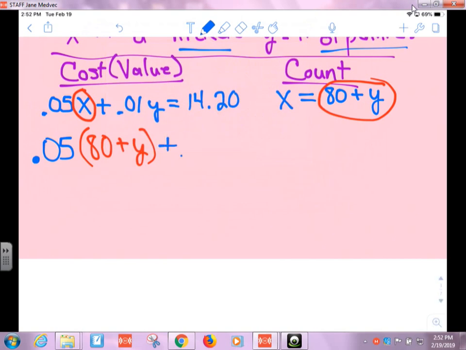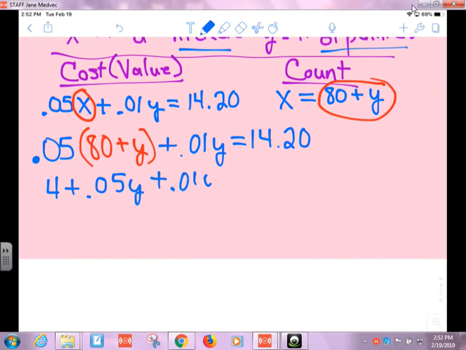And then I'm going to write down the rest of the equation. Now what I'm going to do is distribute. So 0.05 times 80 is 4, plus 0.05y plus 0.01y equals $14.20.